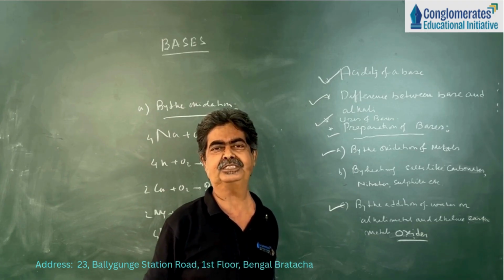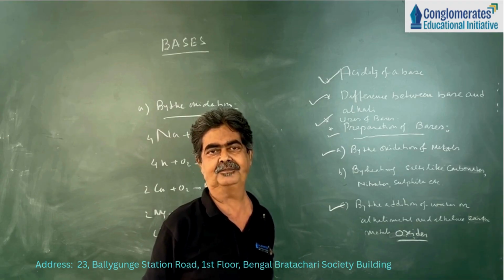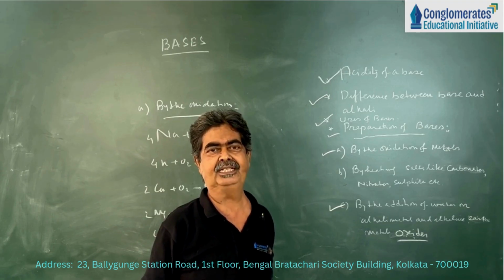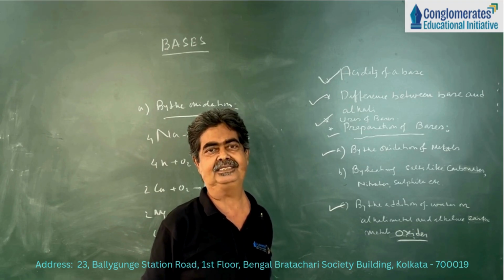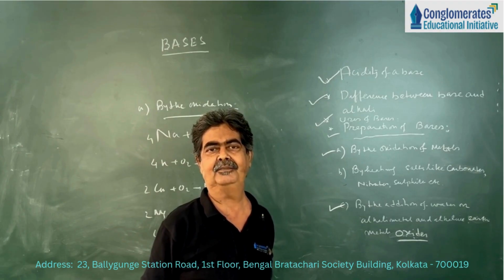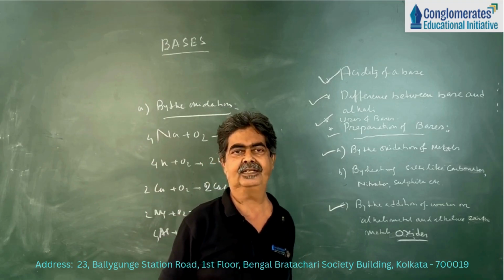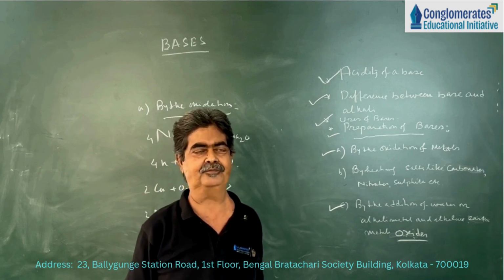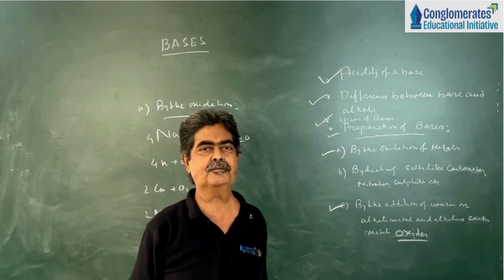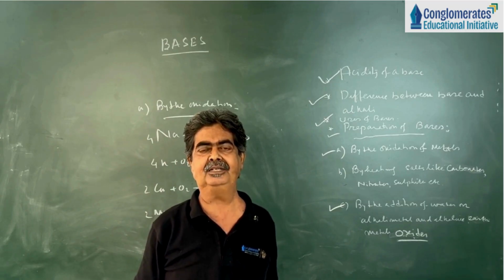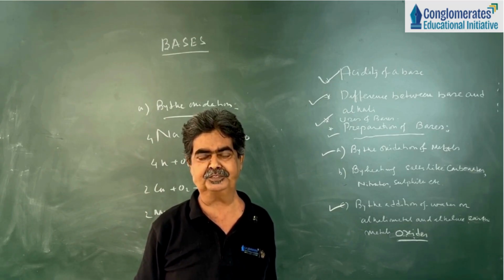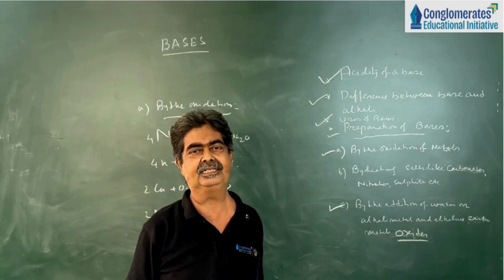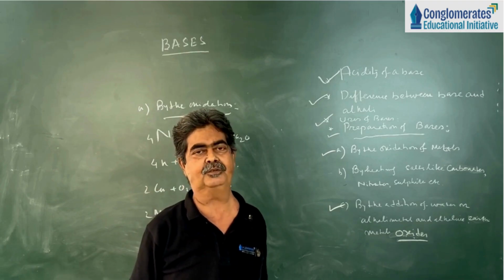But cesium and francium we will not discuss because they are radioactive elements. So lithium oxide, sodium oxide, potassium oxide, they all react with water to form alkalis, like lithium hydroxide, sodium hydroxide, potassium hydroxide, and so on. And alkaline earth contains beryllium, magnesium, calcium, strontium, barium, and radium. They also form the respective alkalis by dissolving in water.